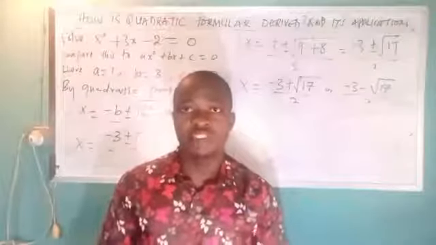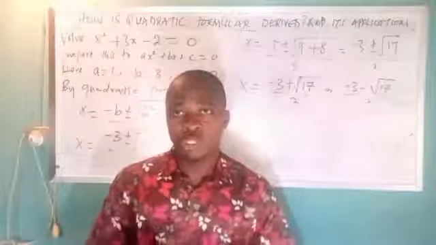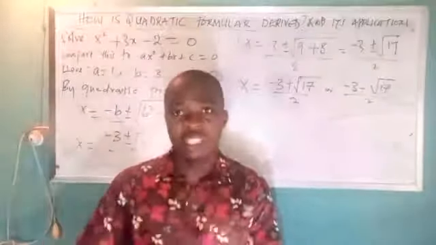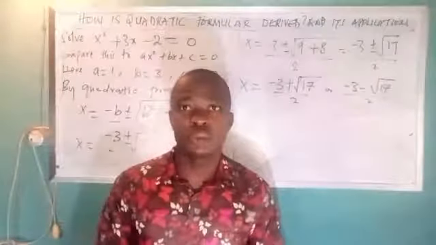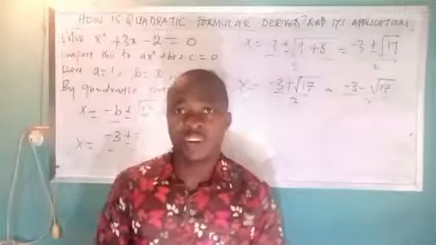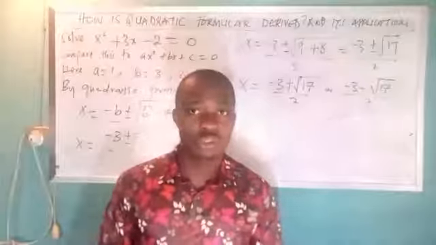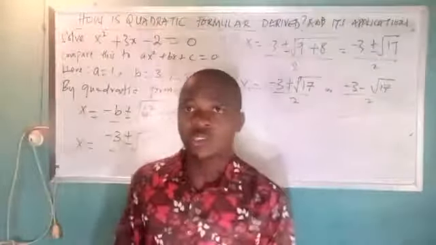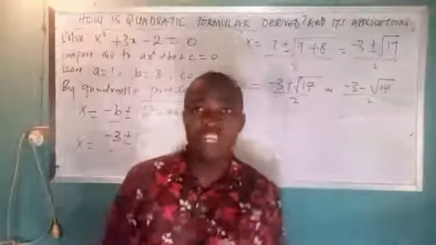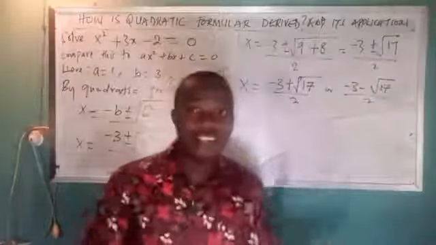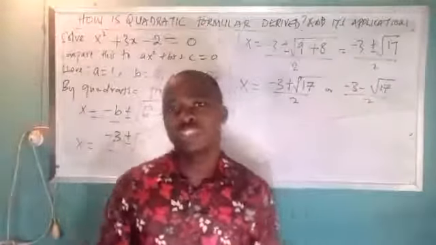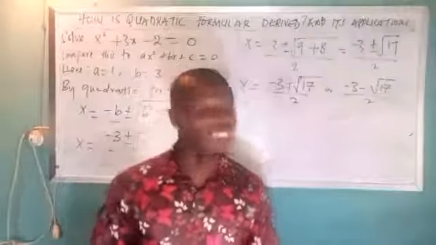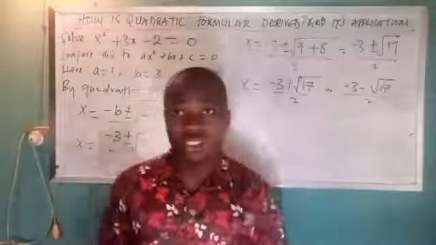But if you are asked to approximate to a particular number of decimal places, you can do that. If it is not specified in the question, I urge you to leave it like this so that you have your combined form of answer, where you don't need to approximate. Are you getting what I'm saying? So that is how it is solved.